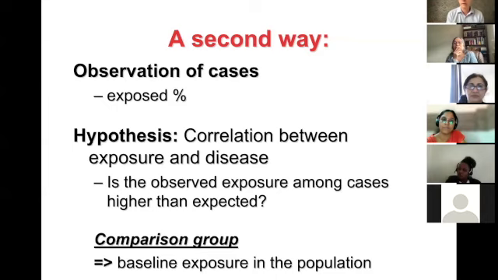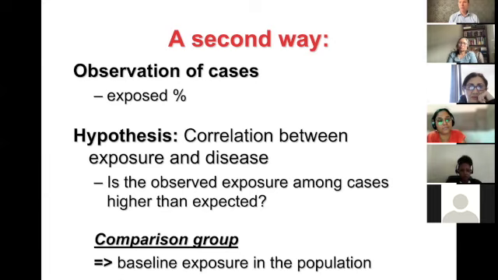So is there a second way? Yes, there is. We can look at cases and find out how many of them were exposed. We already have a lot of people ill, and we can ask them, so have you been smoking or not? And the hypothesis is that a correlation between exposure and disease might exist. So is the observed exposure among cases higher than expected?